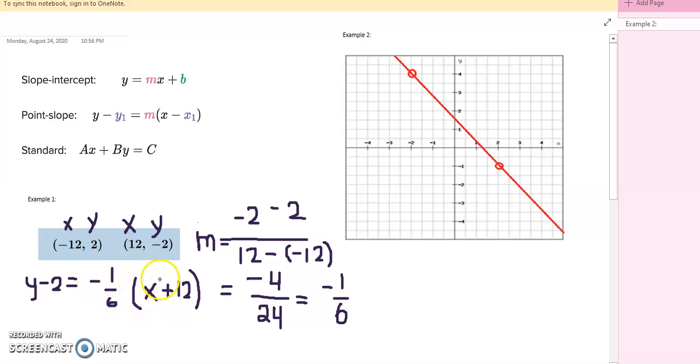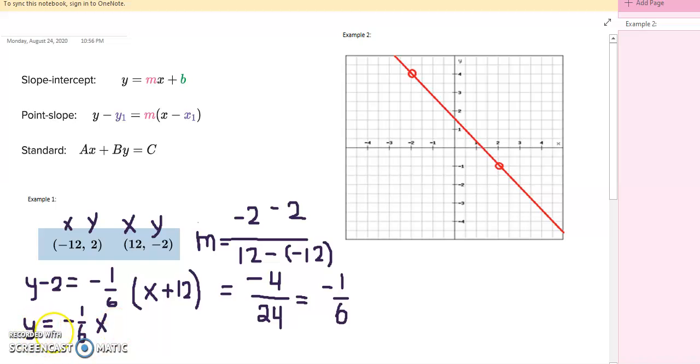So I'm going to distribute the -1/6 and then add the 2 on the other side. Okay, so -1/6 times x is -1/6x, and then -1/6 times +12 is a -2, and then we add that 2 from the other side, so that's going to actually be 0.